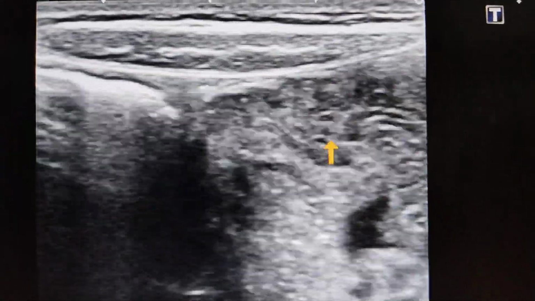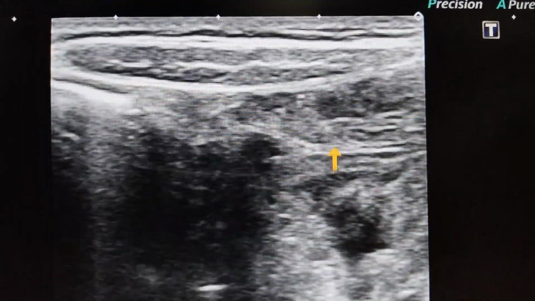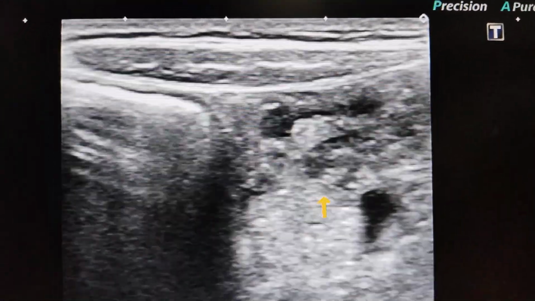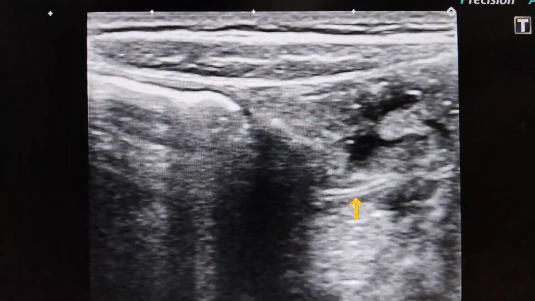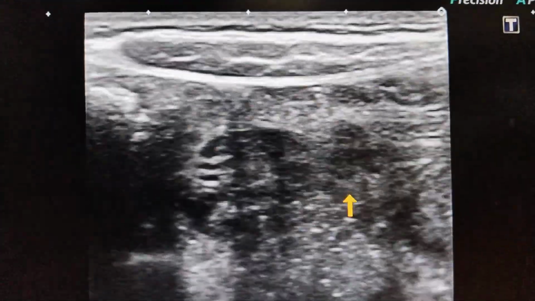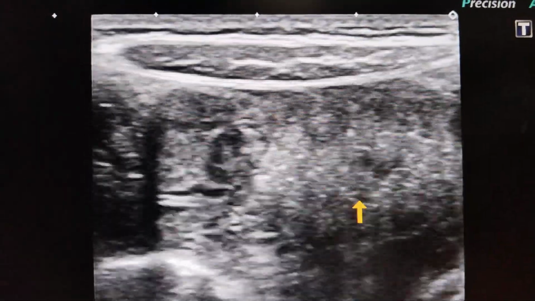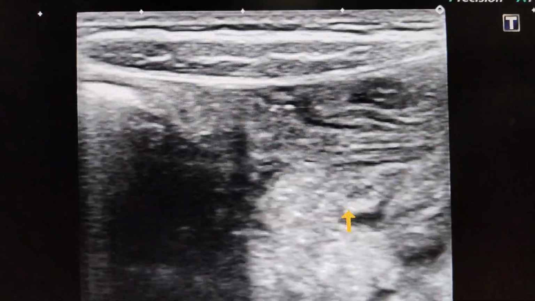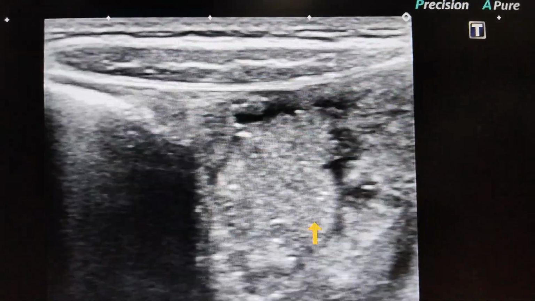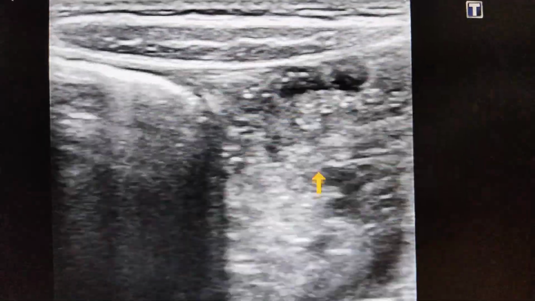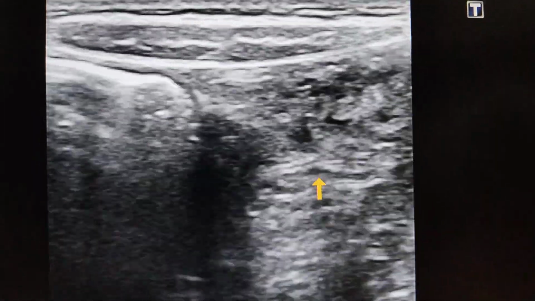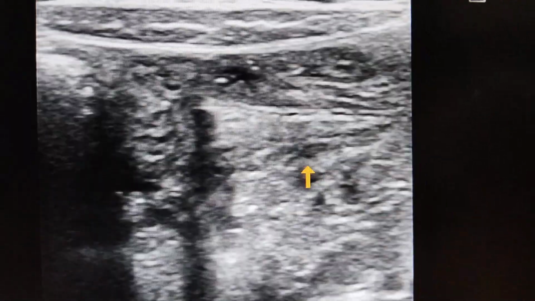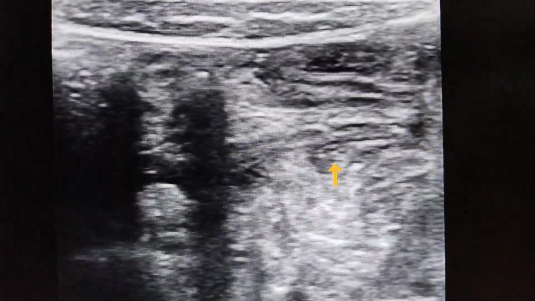So this small bowel, if we appreciate closely, we can see that this is hyperperistaltic. Loops are hyperperistaltic, and it is acting like a washing machine.